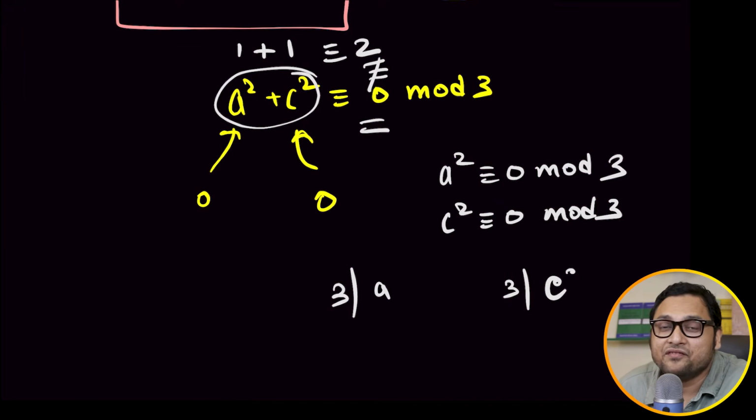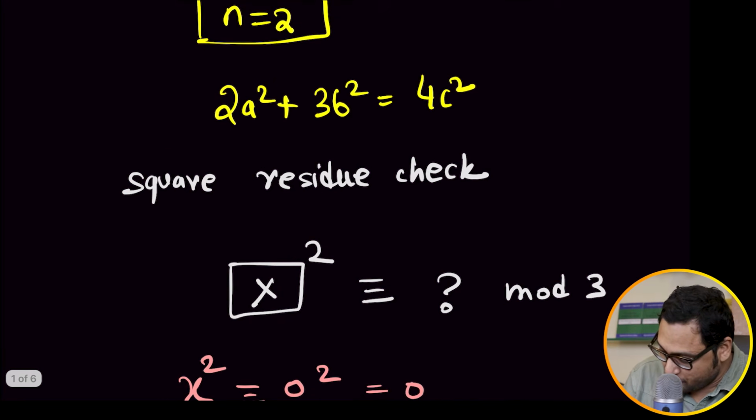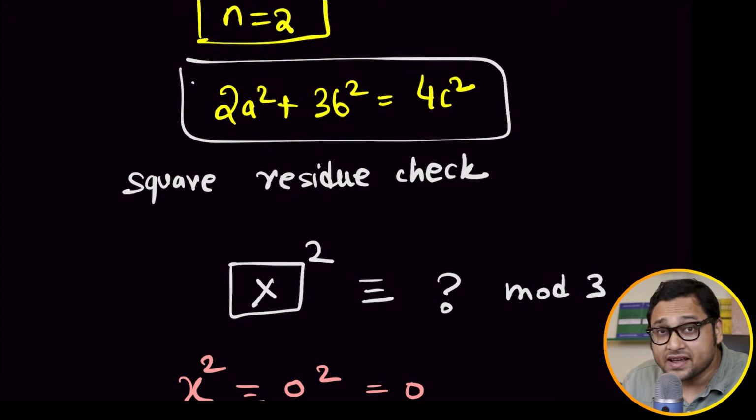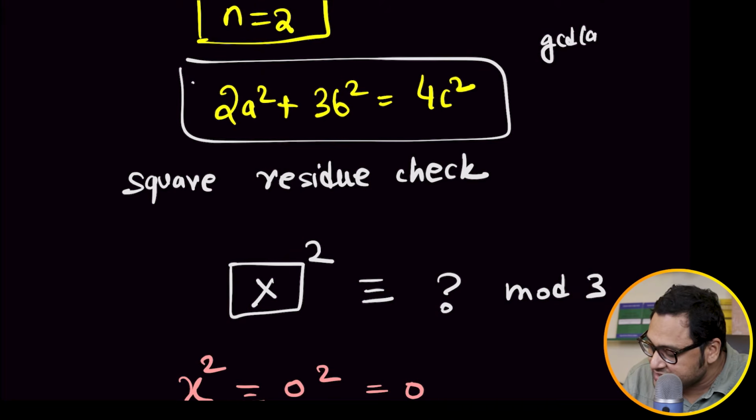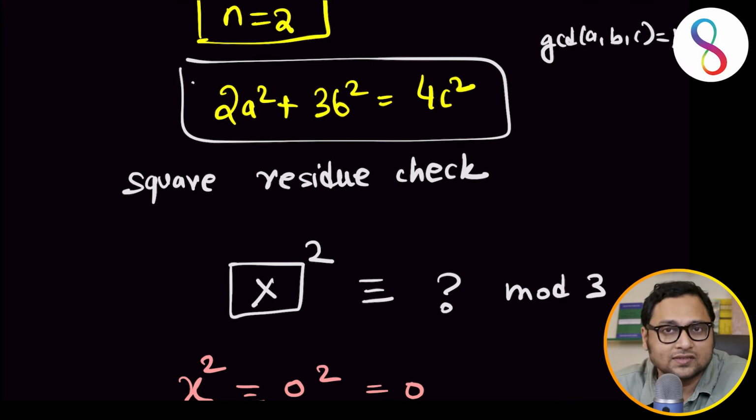We are at the very end of this particular solution. Why? Because, notice, whenever we have an equation like this, a very common strategy is that you can assume that the GCD of a, b, c is 1. Why? Because if, let's say, D was the GCD, we could have cancelled it off from both sides.